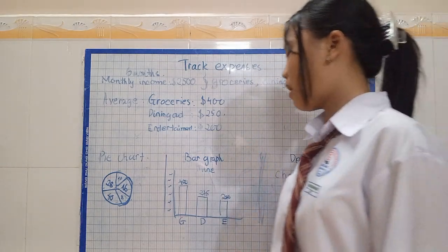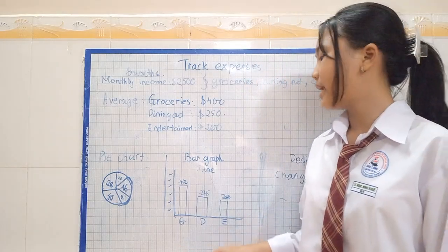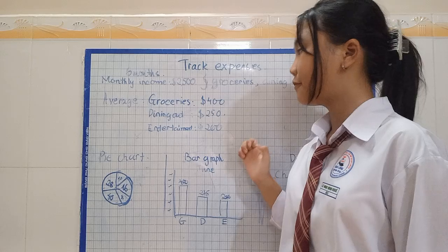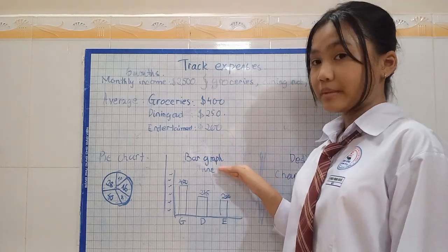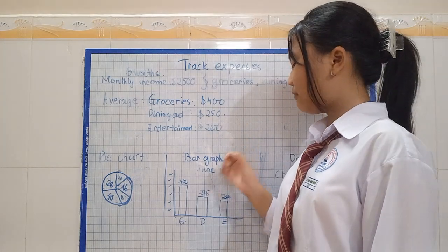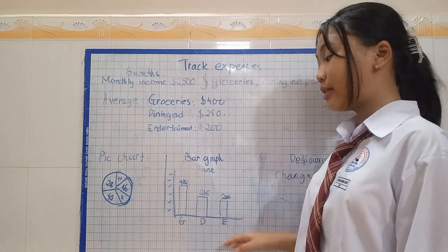On our bar graph, we are going to have an example of it here. Let's say this is the bar graph showing the total amount of money that you spend in June. It focuses on three categories: groceries, dining out, and entertainment.